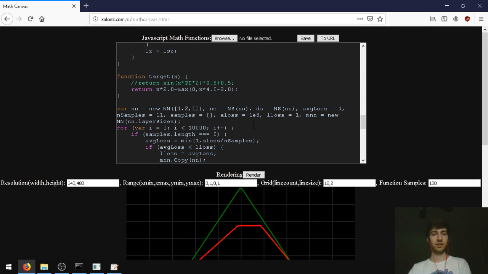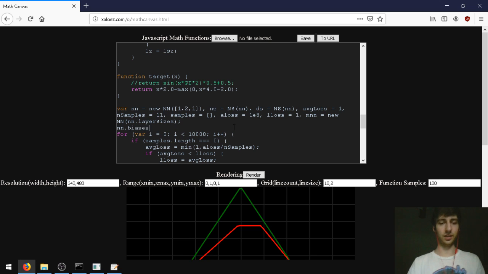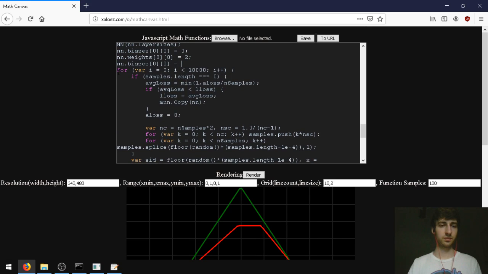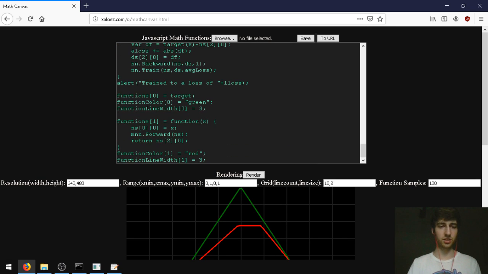All right. So I'm going to do what I did before and manually initialize the neural net. So we know our first weight should be 2. Our first bias should be 0. You know what?